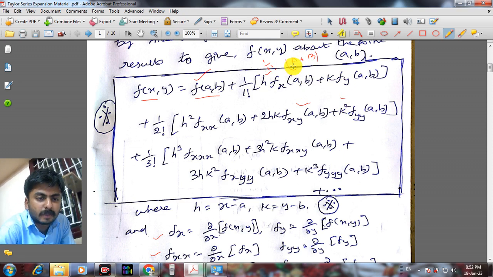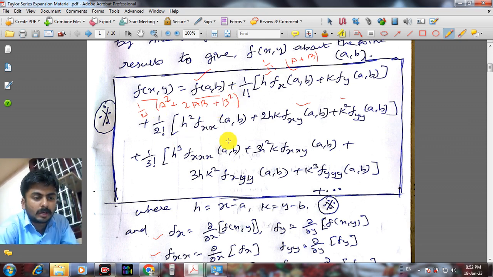Because the expansion of A plus B whole square is A square plus 2AB plus B square. So 1 by 2 factorial of this. So 2 into A into B means 2 into h into k fxy a comma b.